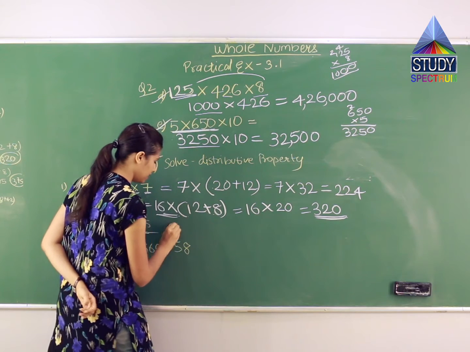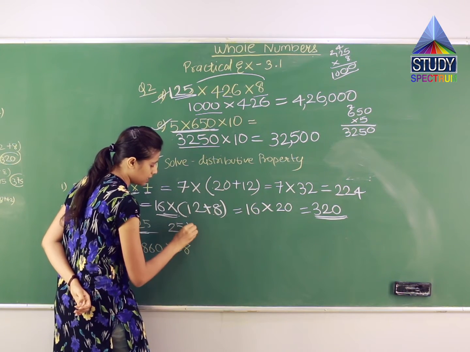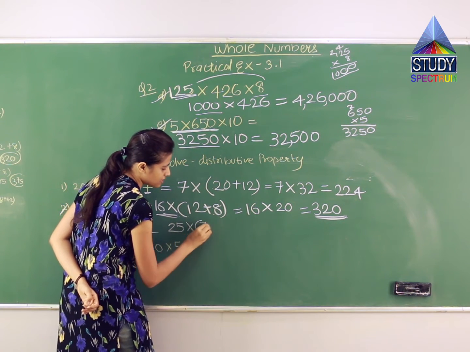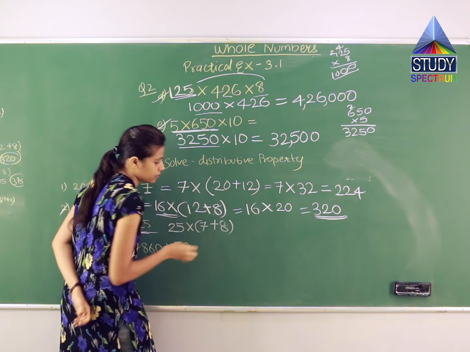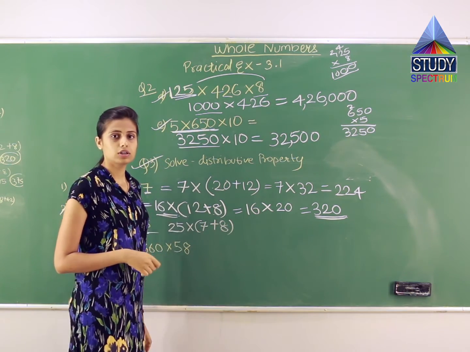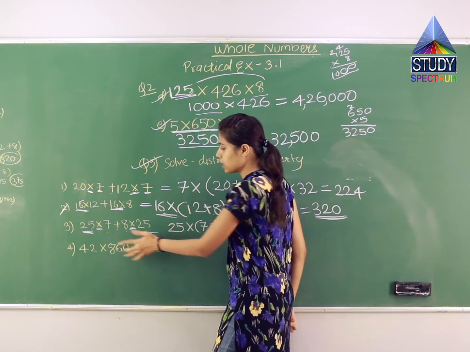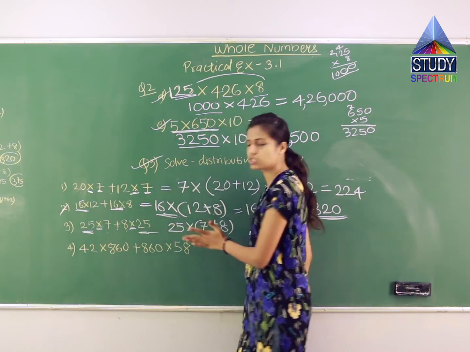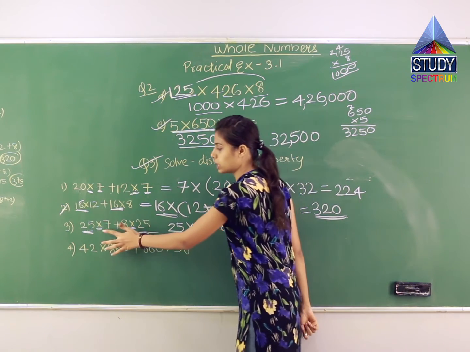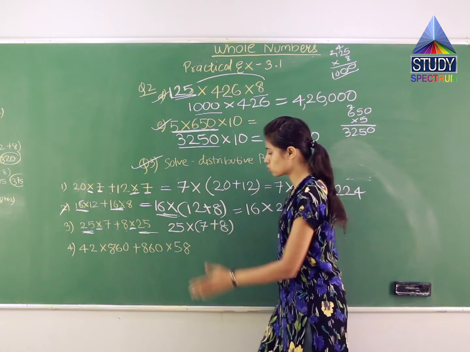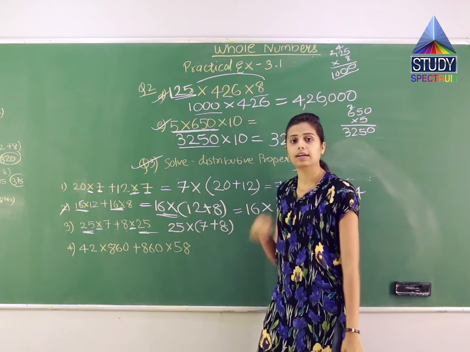So I'll write 25 multiplied by, inside the bracket, 7 plus 8. Getting what I have done? What was repeating, like here 25 and the multiplication sign, is outside the bracket, and the one which was not repeating, which was what? 7 plus 8. So it will be inside the bracket. Now what we will do?